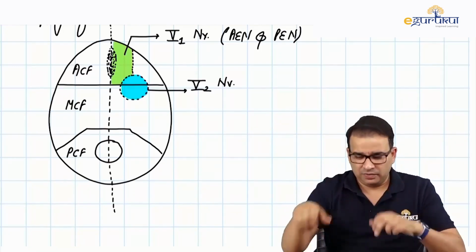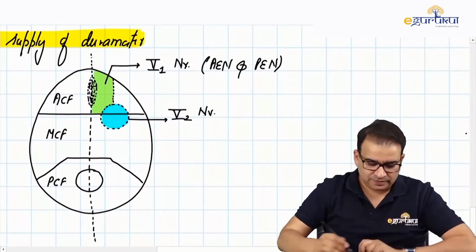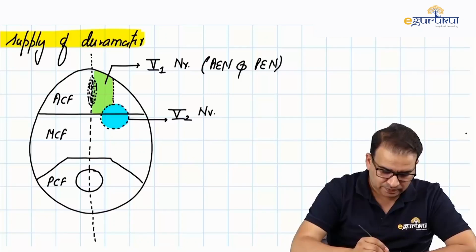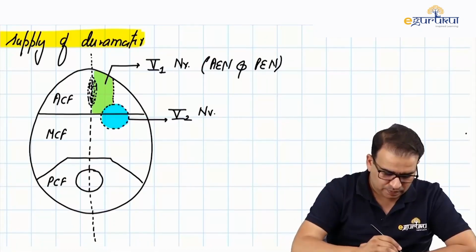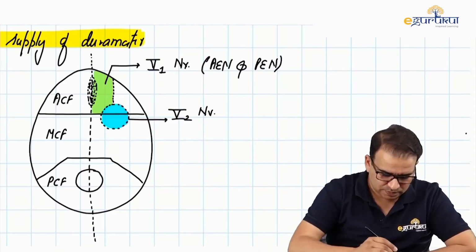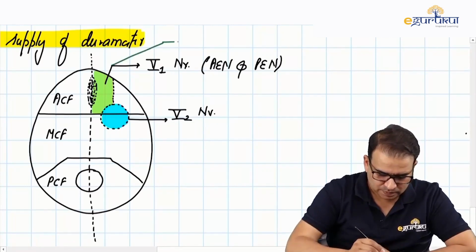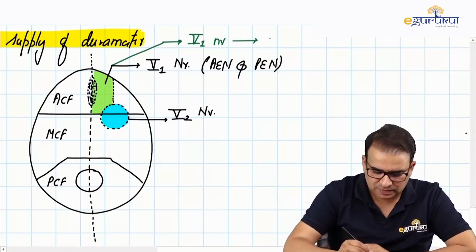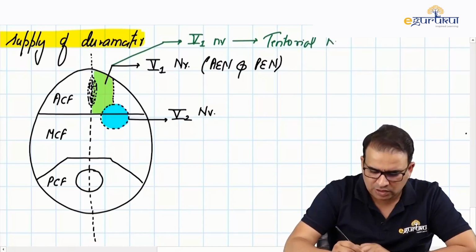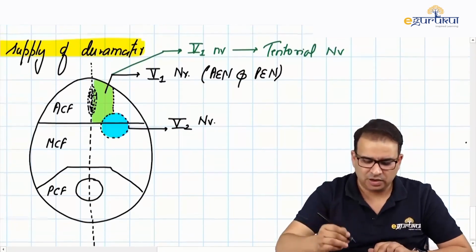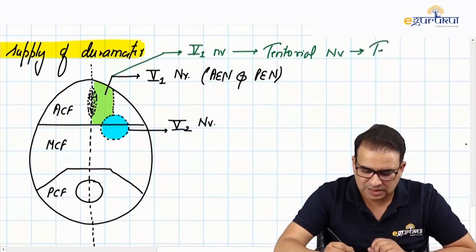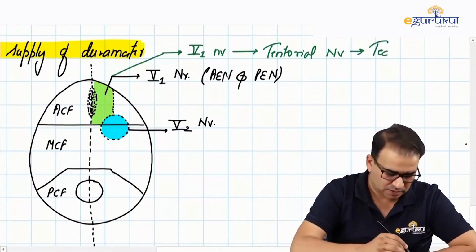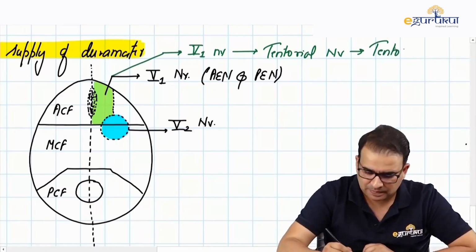So the ophthalmic nerve, through its division, that is called the tentorial nerve. Tentorial nerve or nervi tentori supplies the tentorium cerebelli.